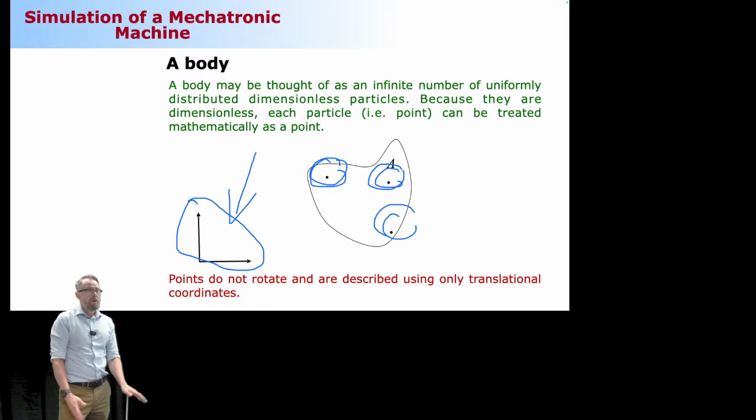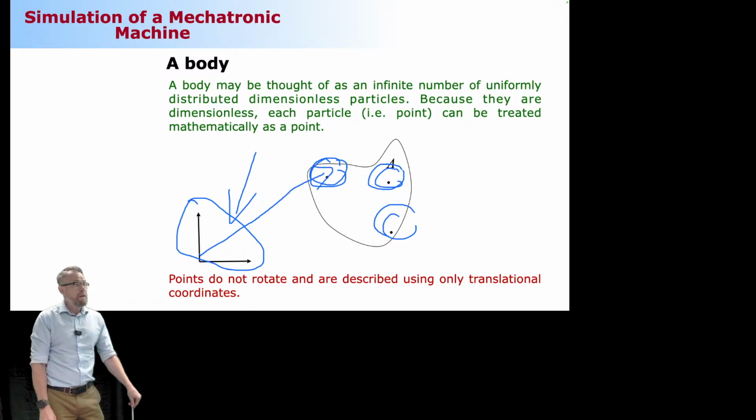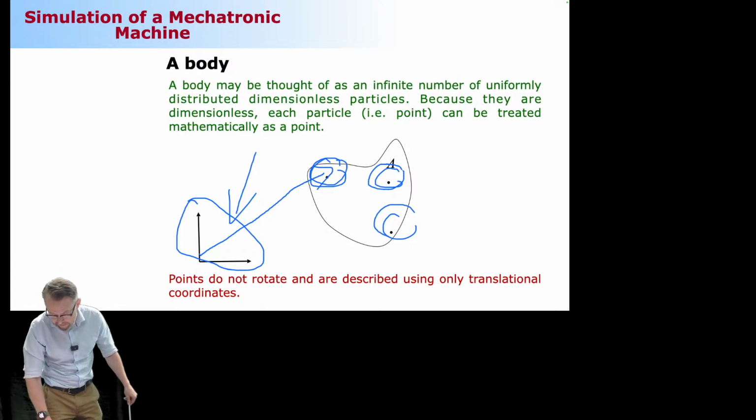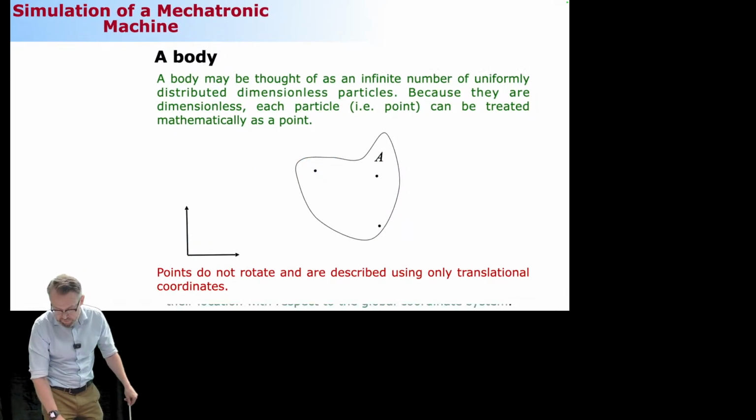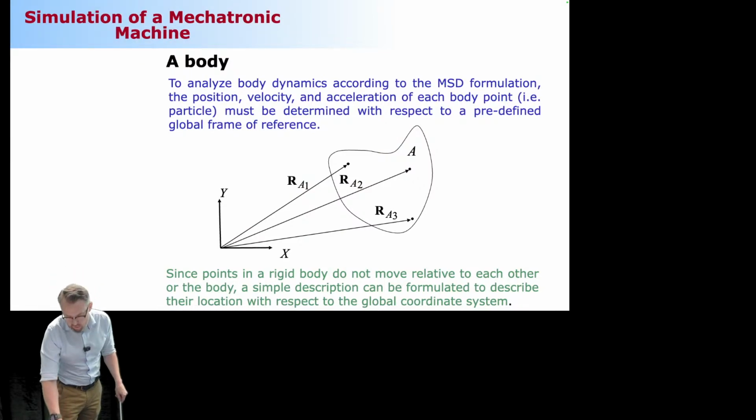Okay? What are the options? One option, when I have 3 particles, I could just create a vector starting from the origin of the global coordinate system and ending wherever the particle is located. And I can keep repeating this until each of the particles is described. That's possible, but it's going to be very difficult to do in the end. If you take a close look, these are the 3 particles, and they are described using 3 vectors.